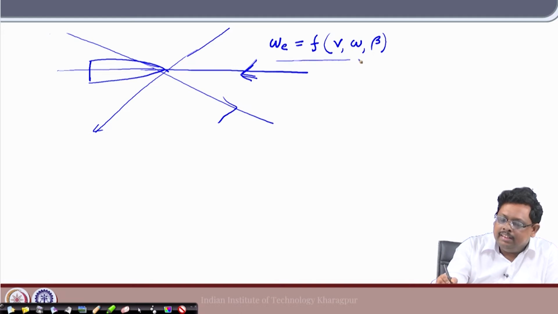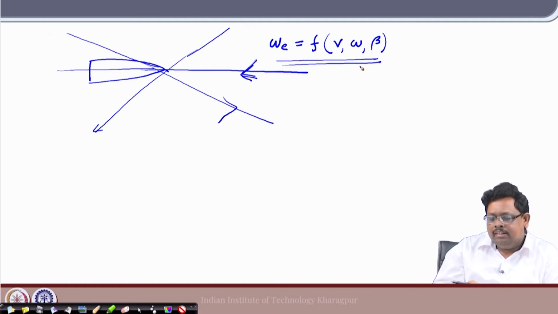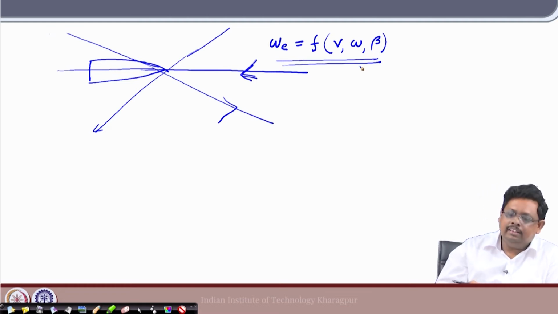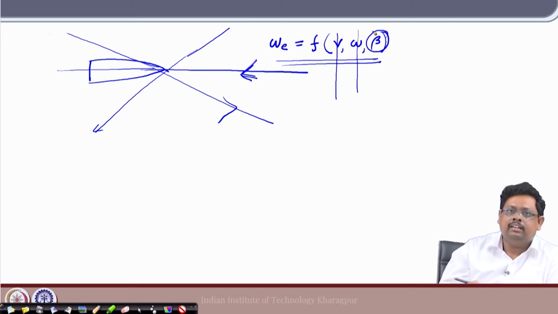So, this definitely depends on these 3 parameters, and there is always one more parameter which is the depth, like we will see later. So, first we need to define all 3 parameters. We know what v is, we defined v, we defined omega. Now, we need to define what is called beta.